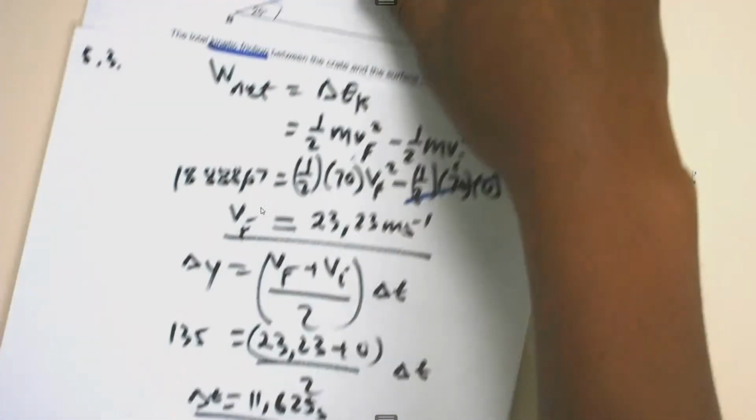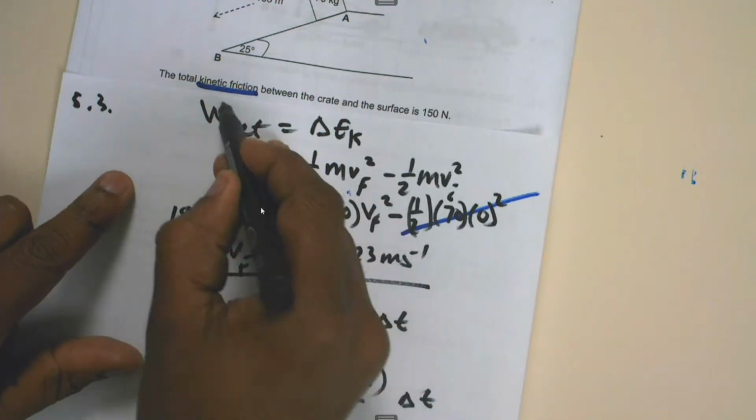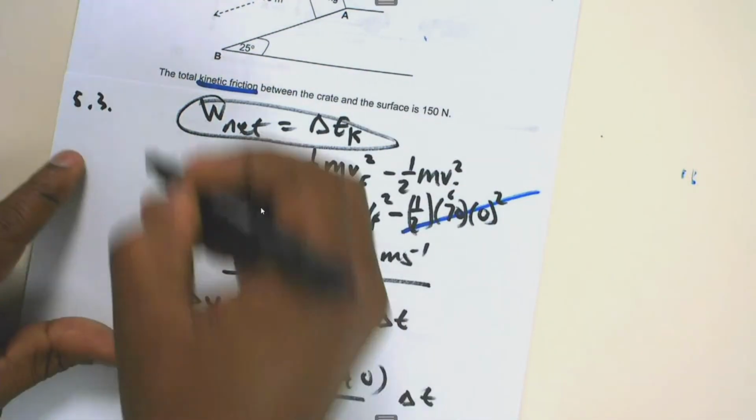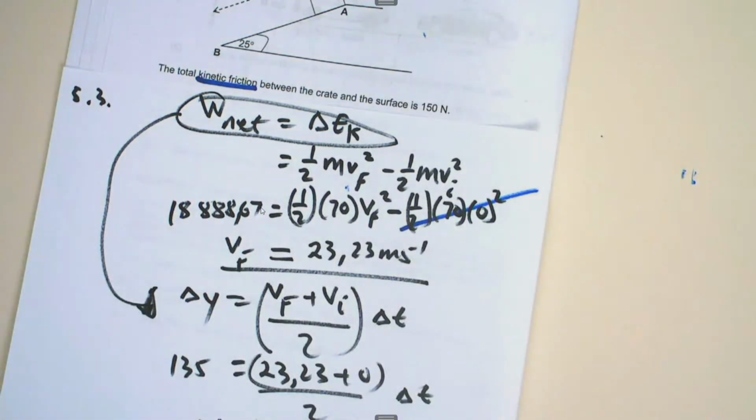So this is the relationship between the net work or work energy theorem, and then we move now to equations of motion. So it is just an analysis of what the question addresses.